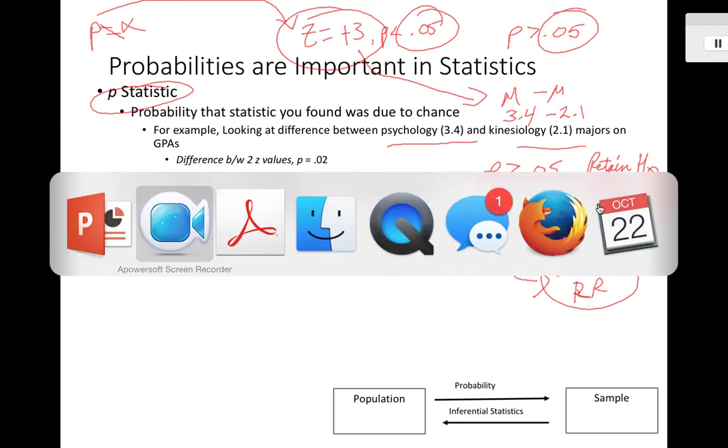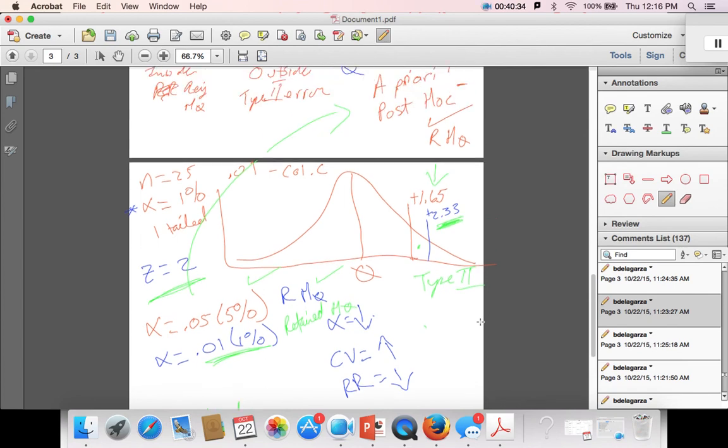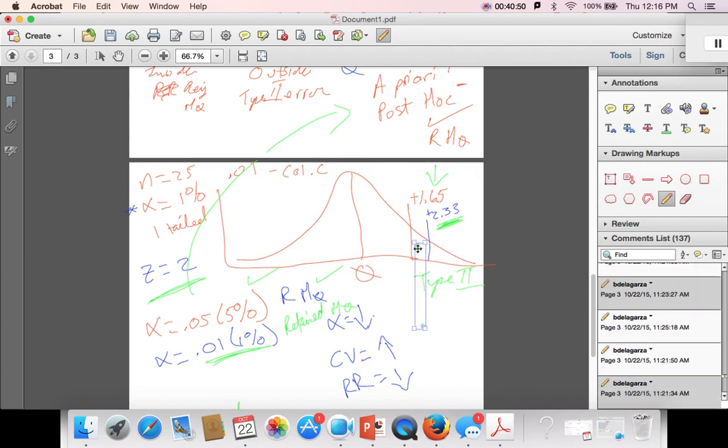So when we think about this aspect, the p-value corresponds to this idea of where your statistic lands in the region of rejection or not. In the case where we had our alpha level at 0.05 or 5%, my statistic lands right inside the region of rejection.